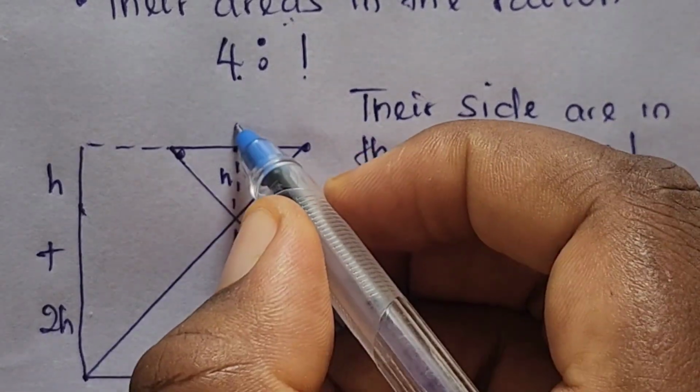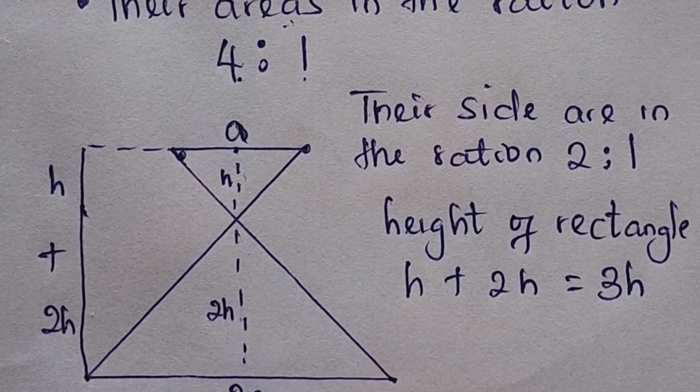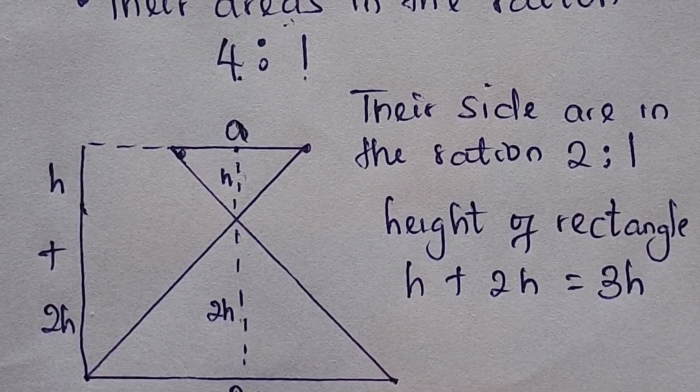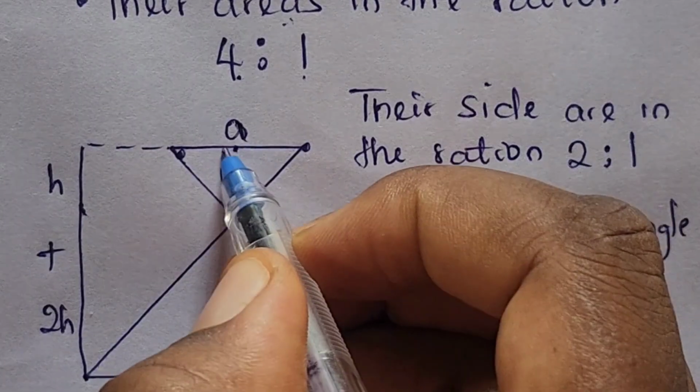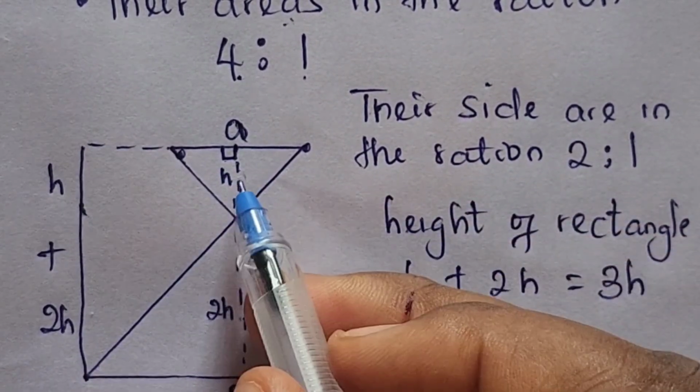Suppose we name this a and we name this 2a, since they are similar triangles, and we have our angle 90 degrees to be here.